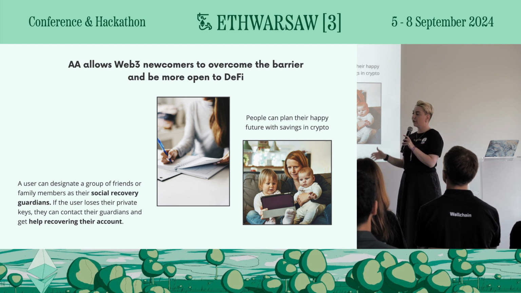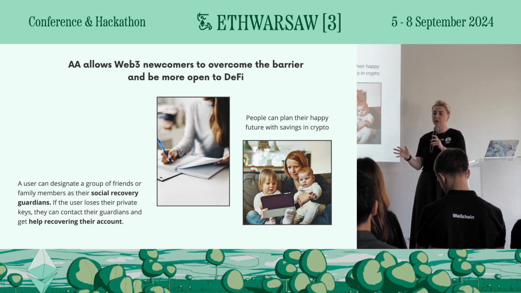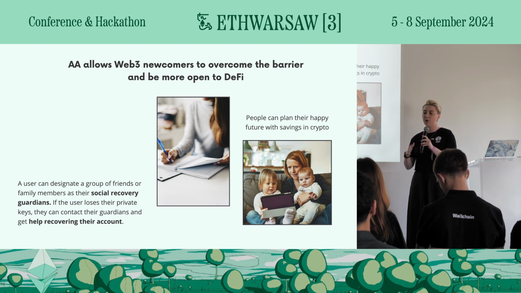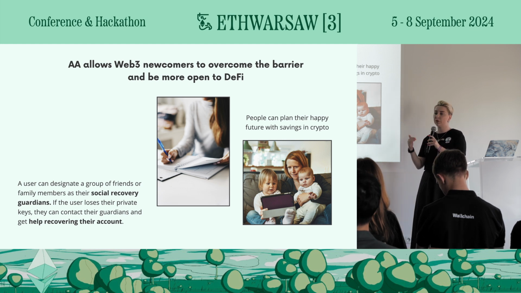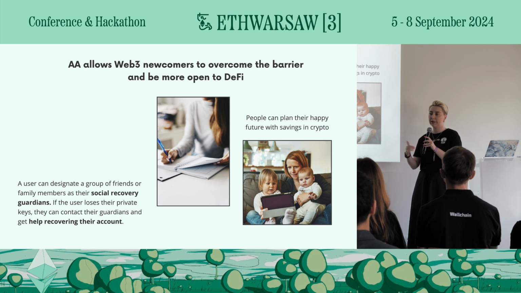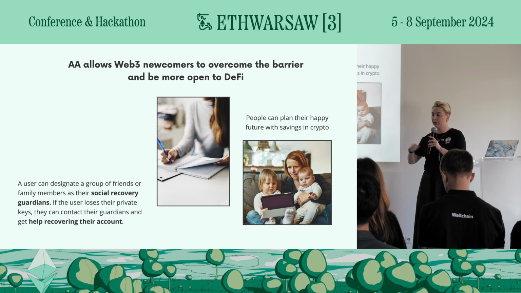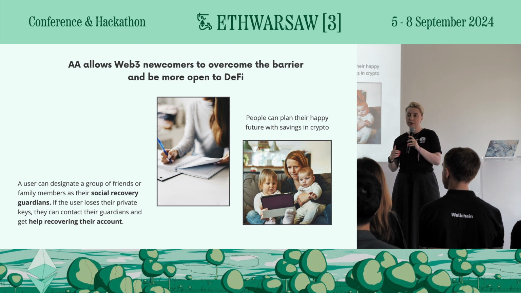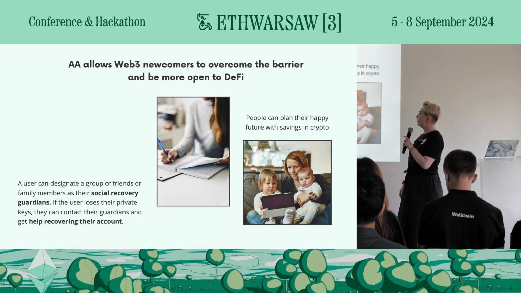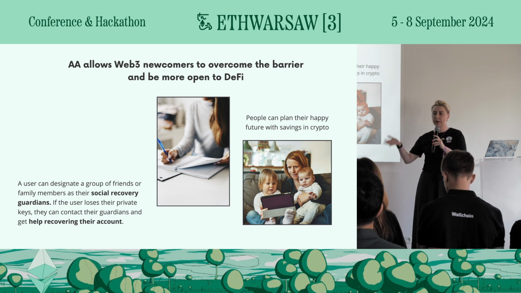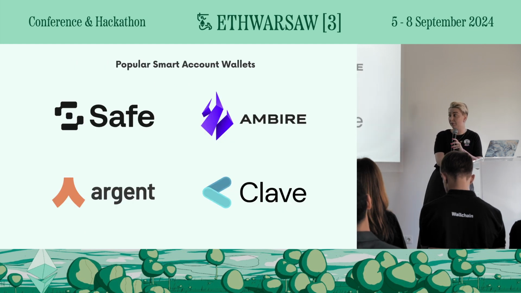They can use social recovery guardians, which they can choose among their family members or friends, and these guardians can help them restore their account if they lose their keys. So no seed phrases on paper or something like this. You can trust people you can trust. So people can plan their future with savings in crypto with no fear of missing something.